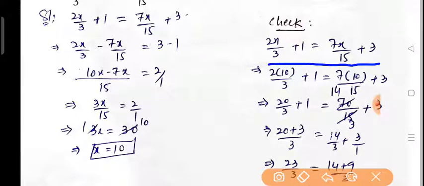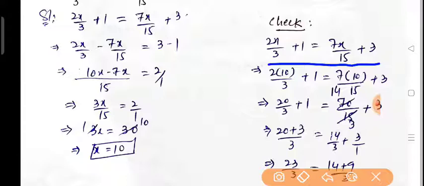In place of x we put 10, that is 2 into 10 divided by 3 plus 1 is equal to 7 into 10 divided by 15 plus 3. Then 2 into 10 is 20, 20 by 3 plus 1 is equal to 7 into 10 is 70, divided by 15 plus 3.